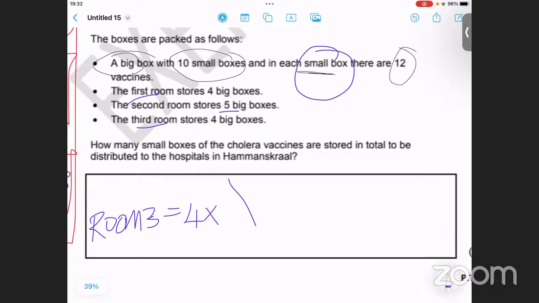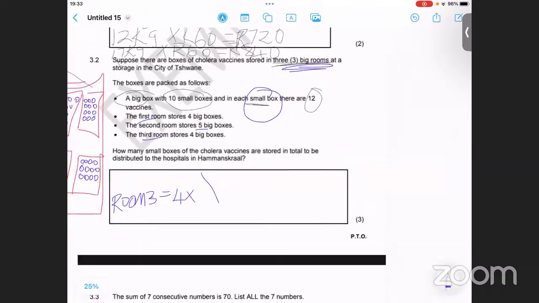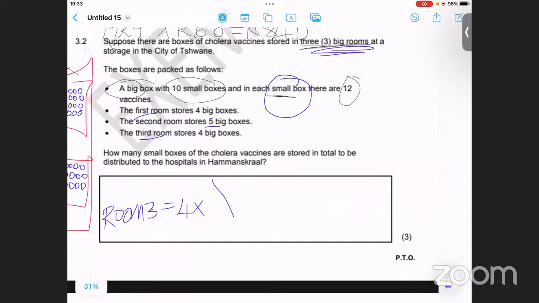Maham, are you still there? Yes. How did you calculate for this one? I said 12 multiplied by 4, plus 12 multiplied by... 10 multiplied by 4, which is equal to 40.